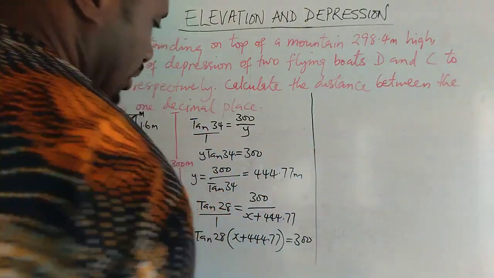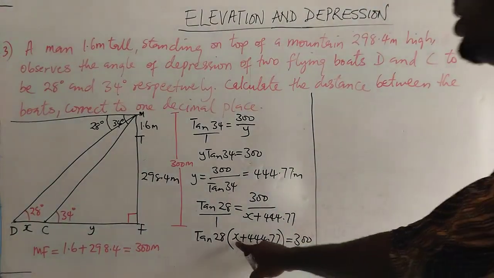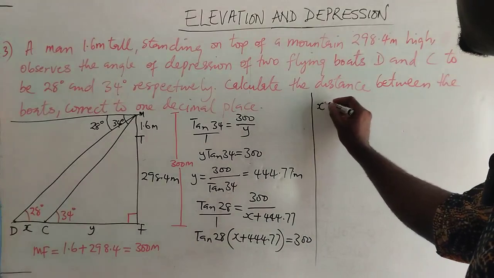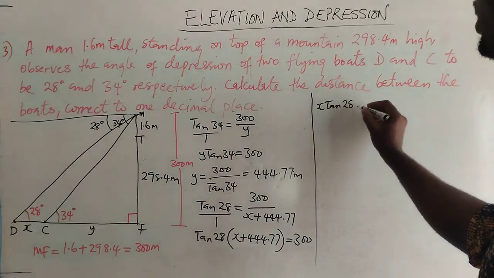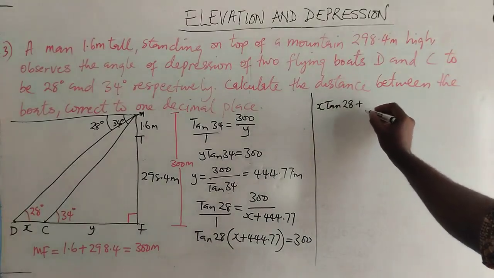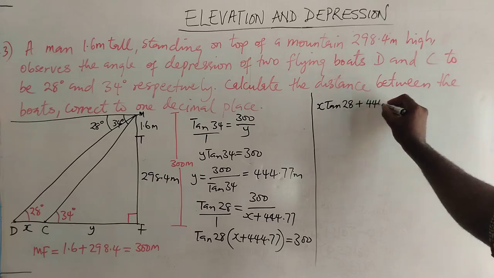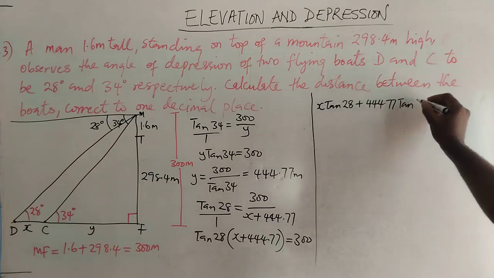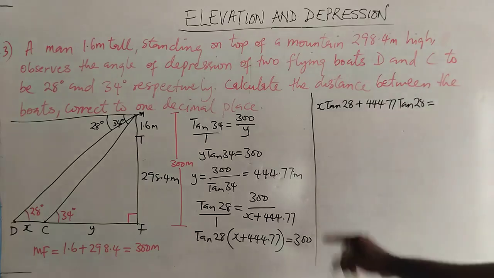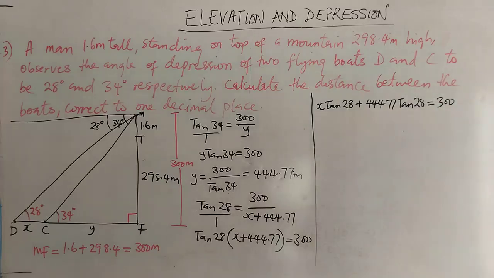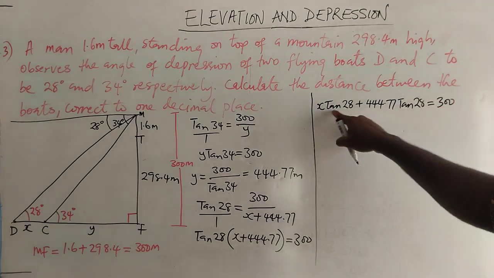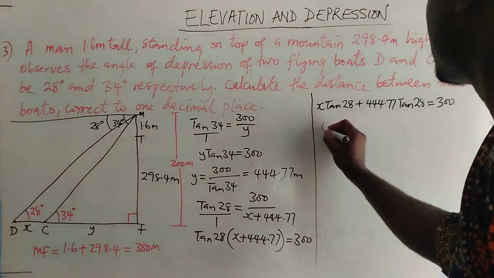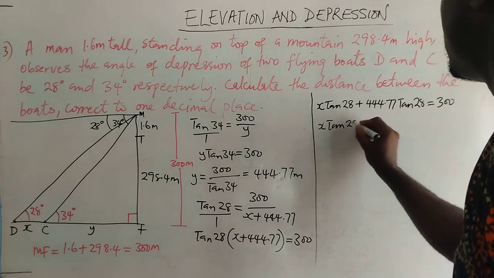Now, if you open the bracket, it will be x tan 28 plus 444.77 tan 28 equals to 300. Now, it will give us x tan 28.